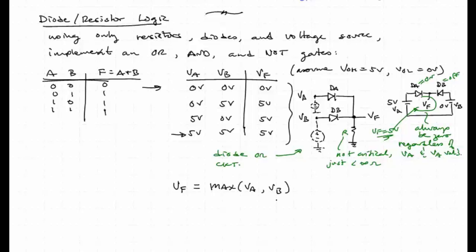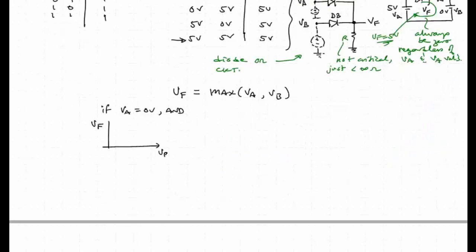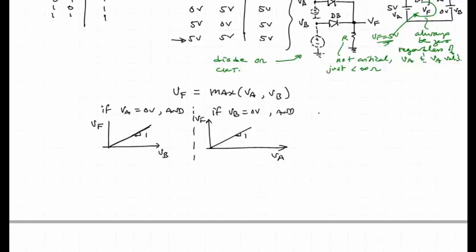Okay, so here if VA is equal to 0, we're going to sweep VB. If VB is equal to 0 volts, and we sweep VA, then we see the same thing. So the problem is this.